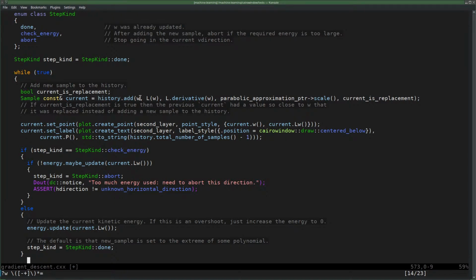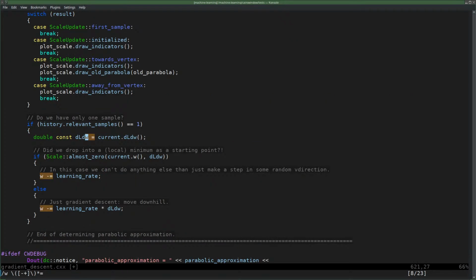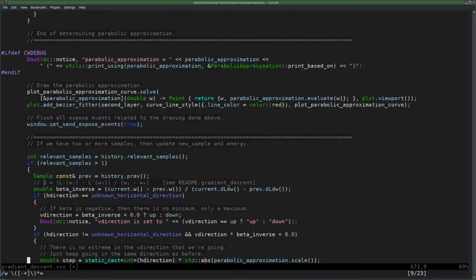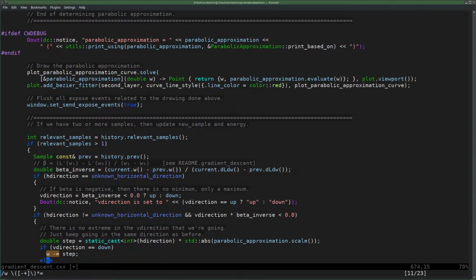So at this point, W is the W value of current. And only if we add something else to the history, which I'm not doing anymore, well, except in one place, but even that's going to be changed. This is going to be the only place where it is added. W equals the W value of current, unless we already change W, which happens here, but that would be when we have only one relevant sample, which means that we do not have a parabolic approximation. I don't even want to think about that case at the moment.